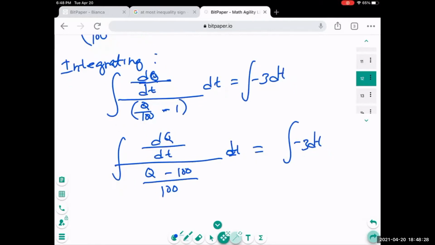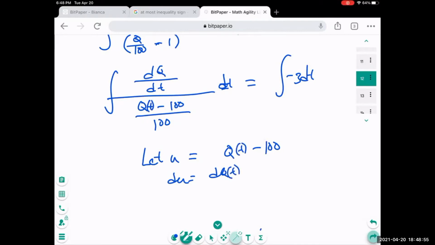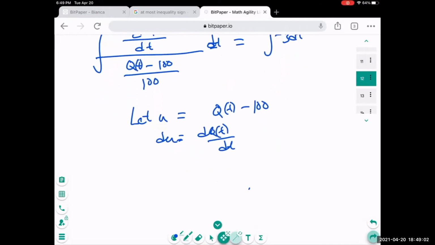And then let's do a little bit of substitution. So let u be equal to q minus 100, or just q is okay. So du would be dq over dt, right? So let's try to substitute that in our integral.